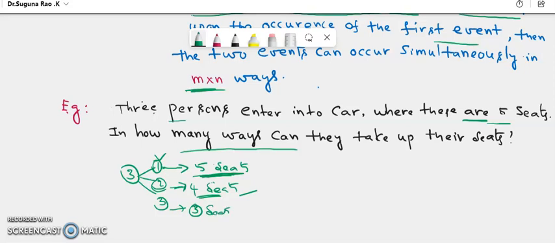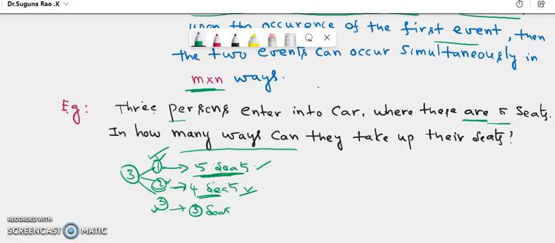The first event can be done in 5 ways, the second event can occur in 4 ways, and the third event can occur in 3 ways.